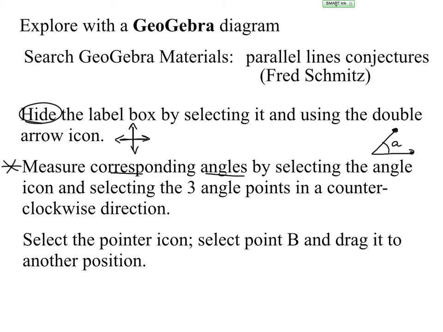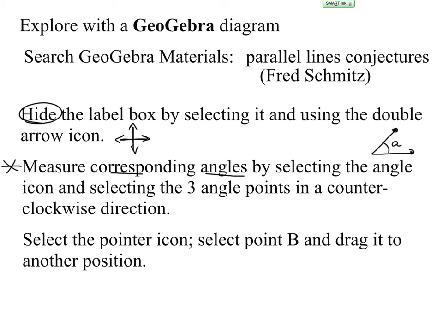Are we getting some measurements? 98 and 82. Let's do like one pair of corresponding to make sure you got it. Okay, got one pair of corresponding angles measured? Yeah, and depending upon how your lines are, the angles, they highlighted them in green.